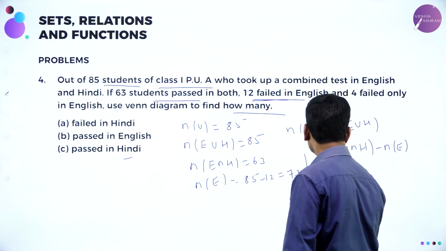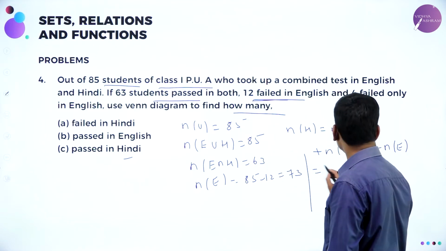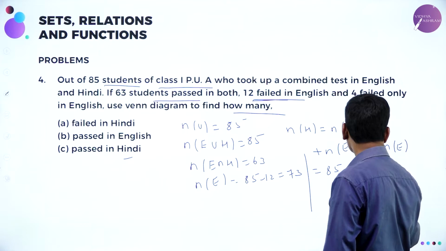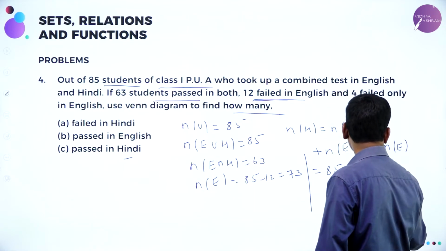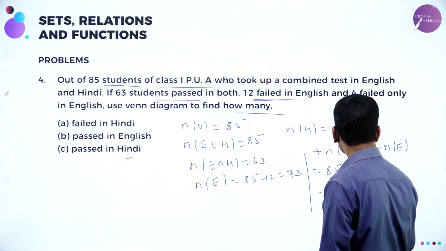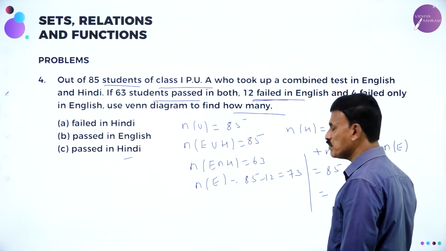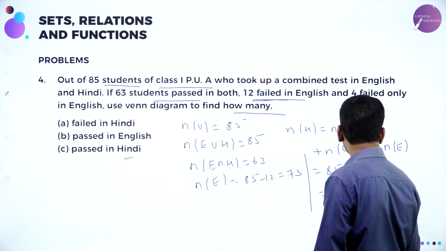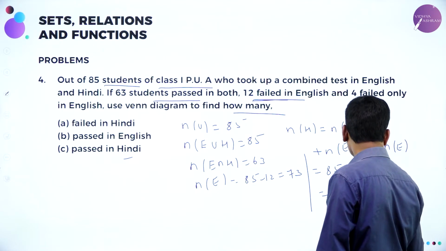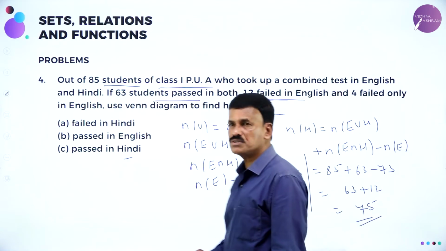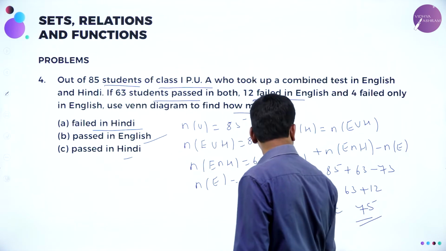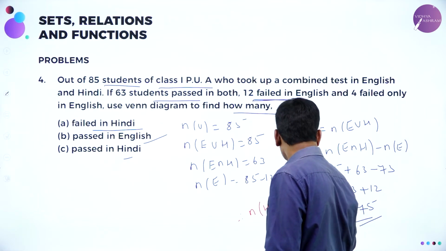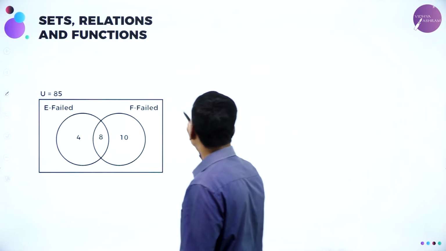That's equal to E union H, which is 85, plus this 63, minus 73. 85 minus 73 is equal to 12. So 12 plus 63 is 75. N of H is equal to 75.